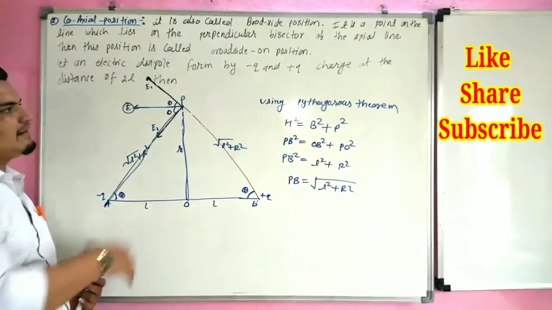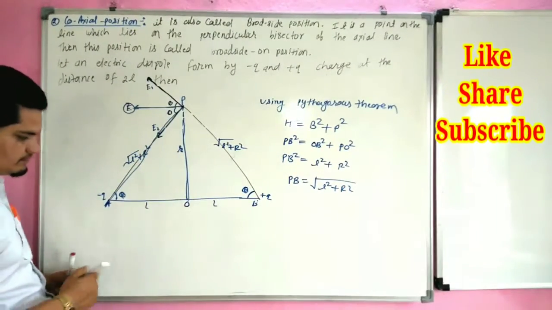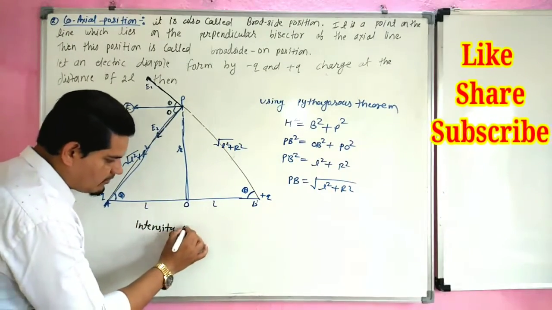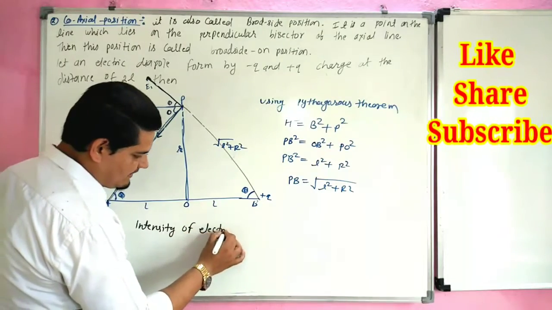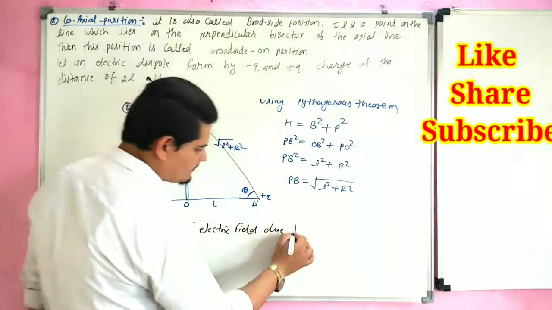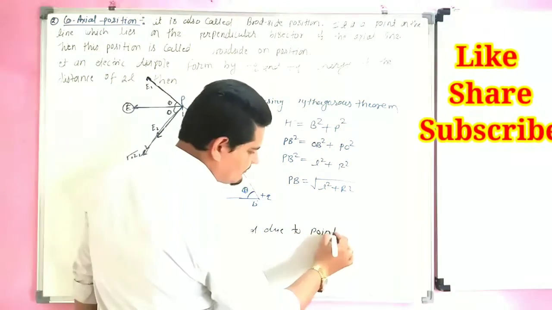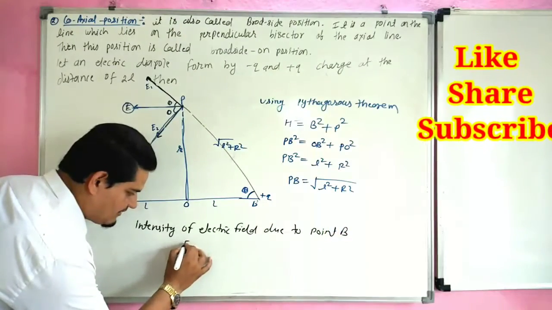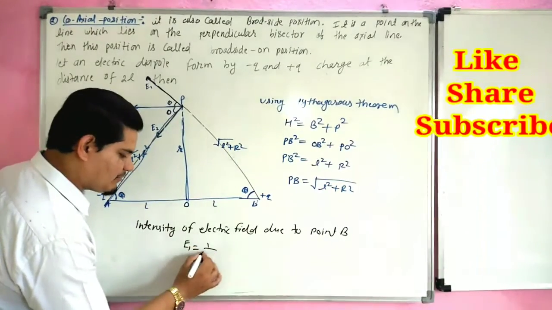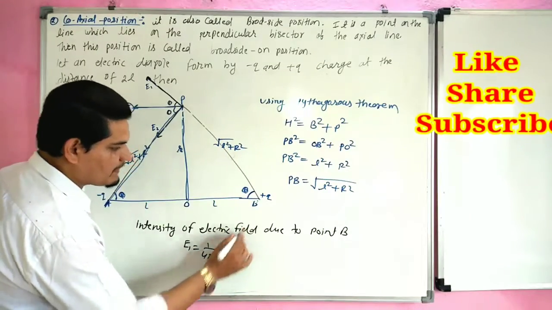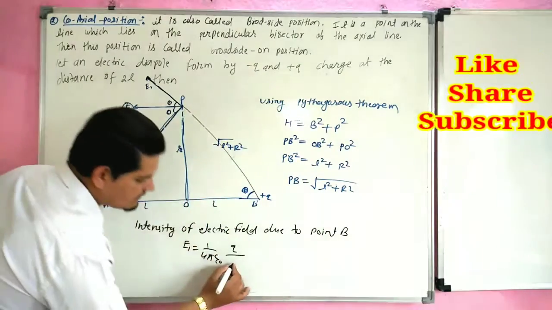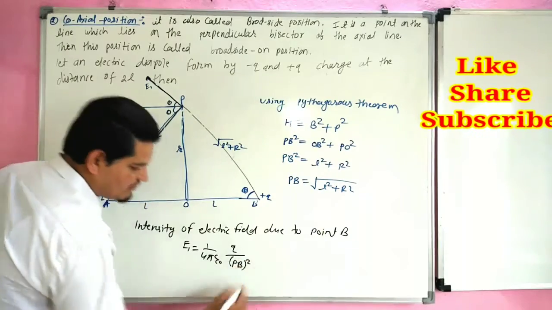Now we have to calculate intensity of electric field due to point B. We can represent it by E1. The formula of intensity of electric field is 1 upon 4 pi epsilon naught, Q divided by distance PB square.